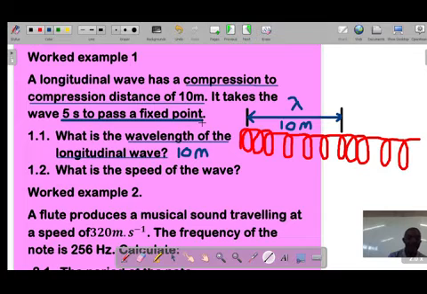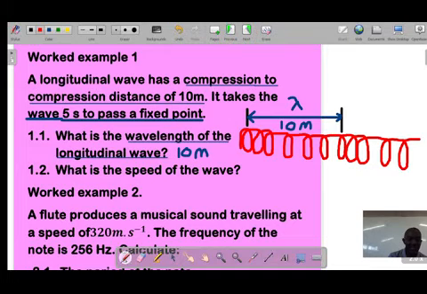That's the time taken for one complete wave to pass a fixed point, which we said is called the periodic time.